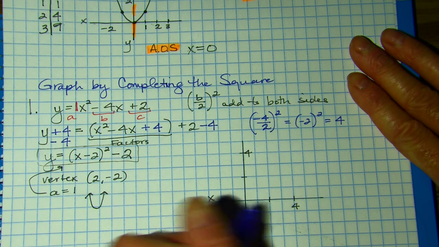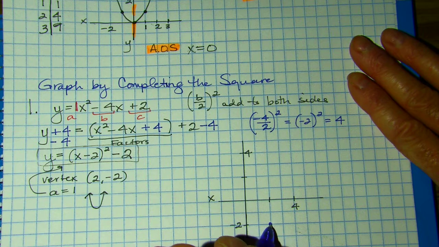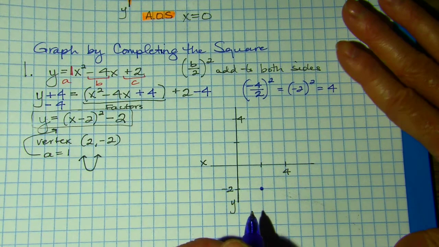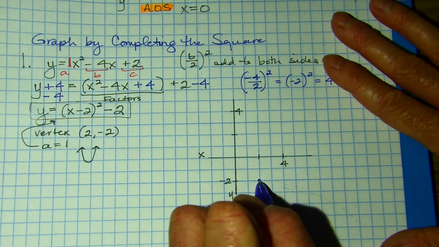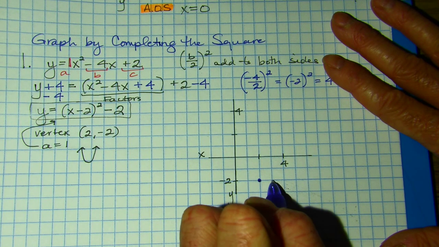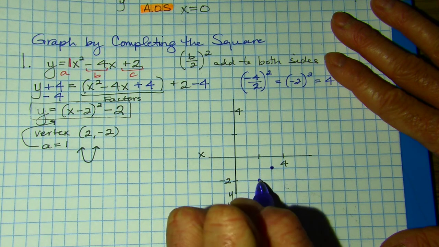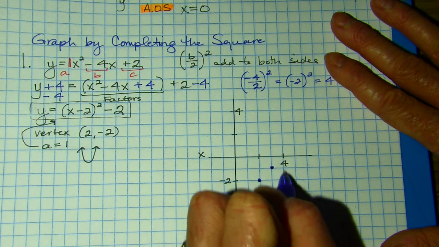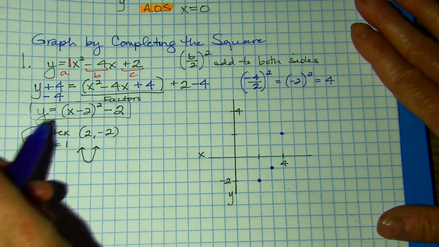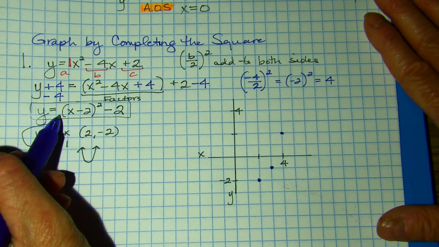My vertex is at 2, negative 2. Now we're going to use the same method from earlier, but starting at our vertex. If x is 1, 1 squared is 1. If x is 2, so go 2 to the right, 2 squared is 4. Now this works because a is an invisible 1.